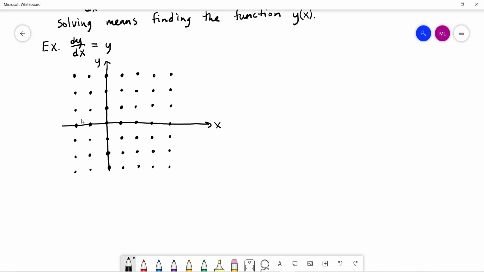So far I haven't done anything but plot a bunch of points. These are going to be the points where we try to get a sense of what the solution looks like individually at each of those points. And so what I'm going to do is start with a table over here. I'm going to have the x-coordinate, the y-coordinate, and then basically dy dx, which is the slope.